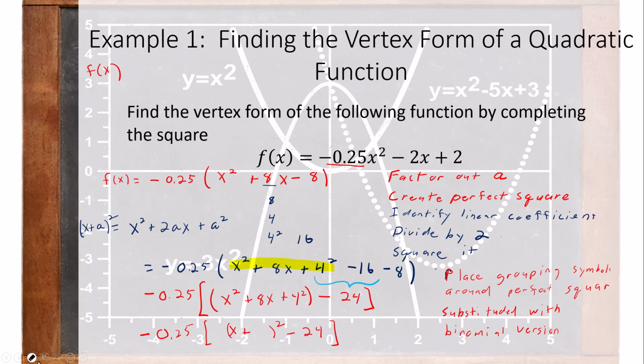Let's remember x plus a is 4 in this particular case. So I'm going to have negative 0.25 times the quantity x plus 4 squared, and then negative 0.25 times negative 24, which will give me a plus 6.